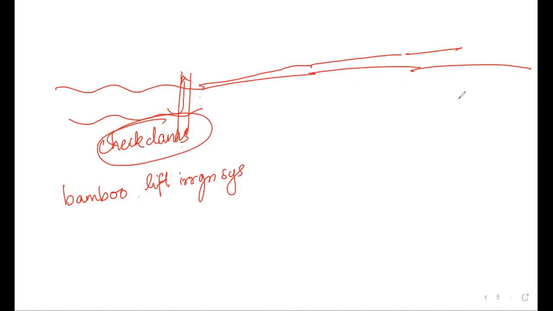So this is one way in which water harvesting for irrigation is being done in Meghalaya. These kinds of check dams, the traditional water management practices, must be set up.